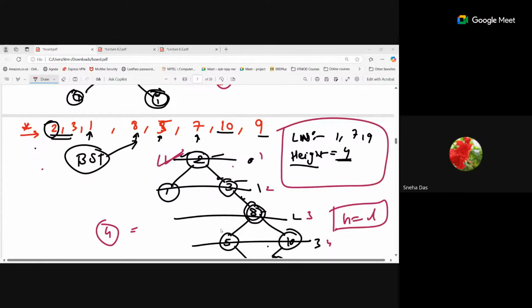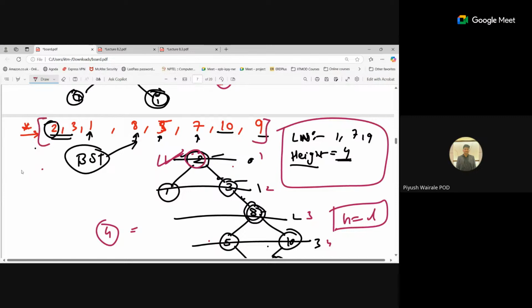Can a number repeat in the sequence? No. In this case, what we consider is the key, right? Every element is unique here because if I want to search, I will go to the particular element directly, comparing with this, then this. So we are considering every element to be unique; the key is unique here.